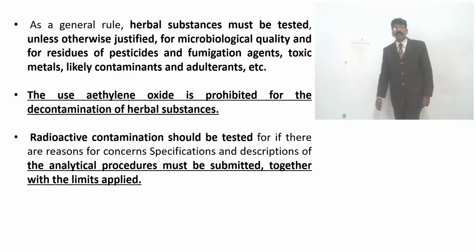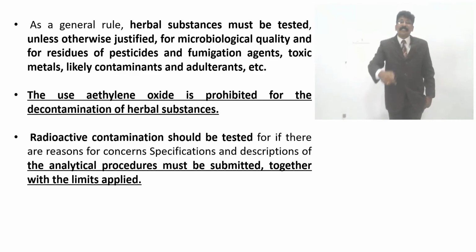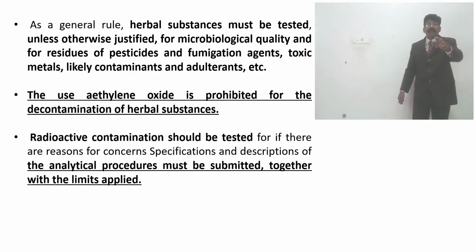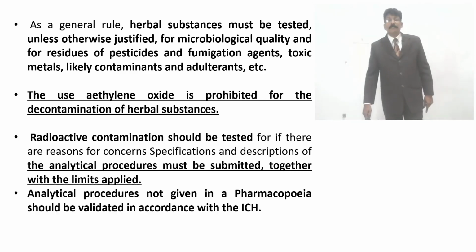Radioactive contamination should be tested for if there are reasons for concern. Specifications and descriptions of the analytical procedure must be submitted together with the limits applied by the guidelines.